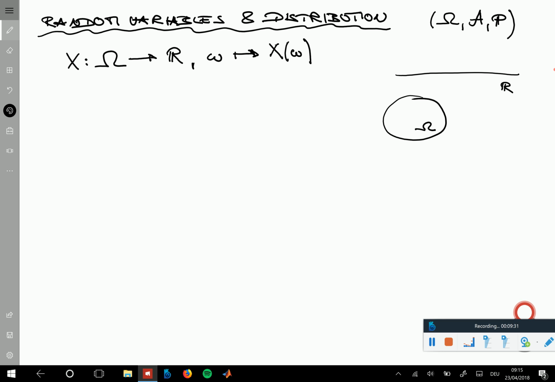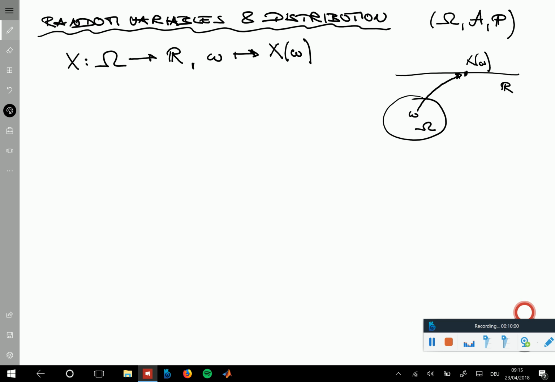X then, if it's a random variable in the strict sense, so a real-valued random variable, takes elements here and maps them onto values on the real line. So this would be an X(omega), and here that's the omega that's taken there. So that's a random variable. A random variable is a function from the outcome space to another space, usually the real numbers.